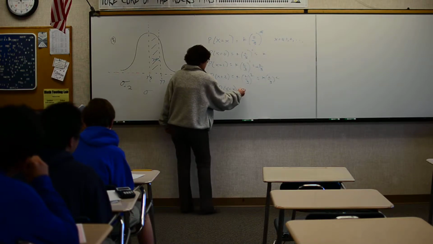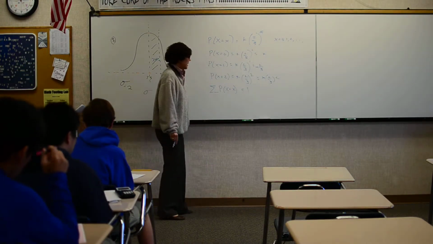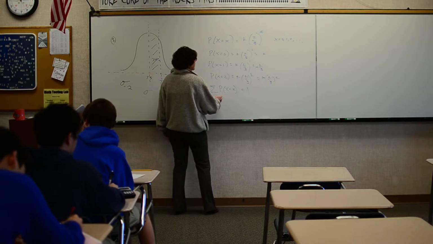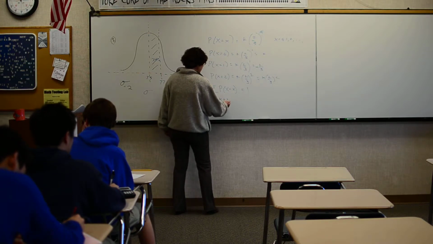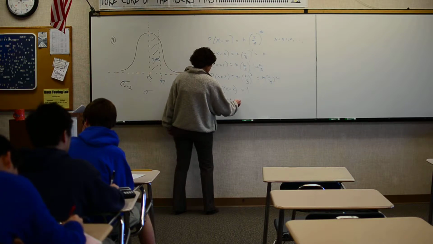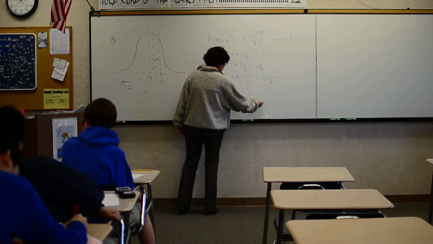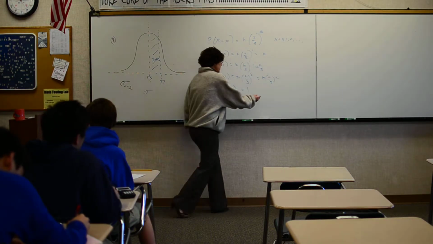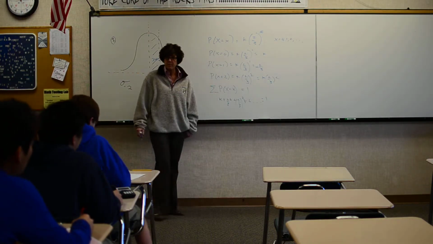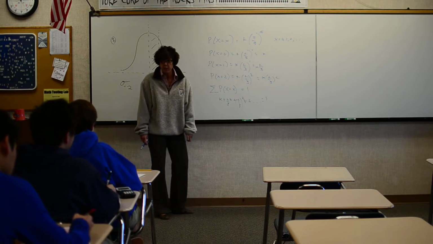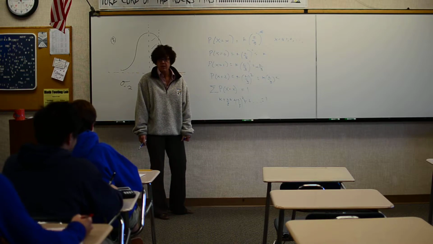The key is that the sum of the probabilities has to be equal to 1, always. So what is the sum? It's k plus 2/3 k plus 2/3 squared times k plus so on, and that has to be equal to 1. This is what kind of series? An infinite geometric series.